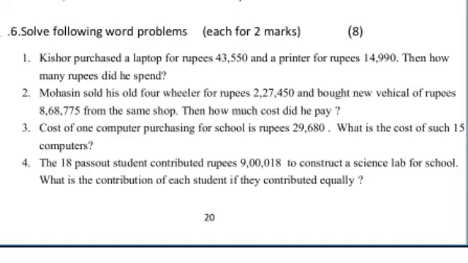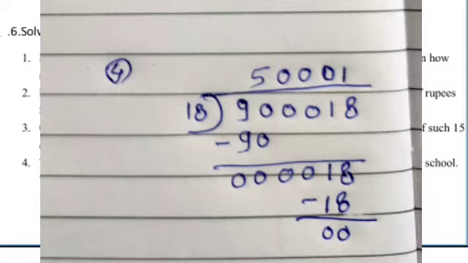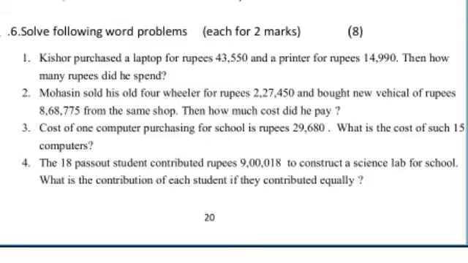So we have to divide 9,18,000 divided by 18. The answer is 50,001. Every student contributes 50,001 rupees. In this example, you write the answers in sentence also. It gives 1 mark.